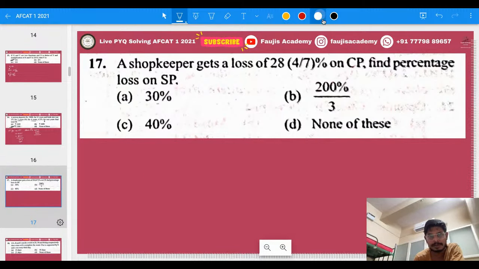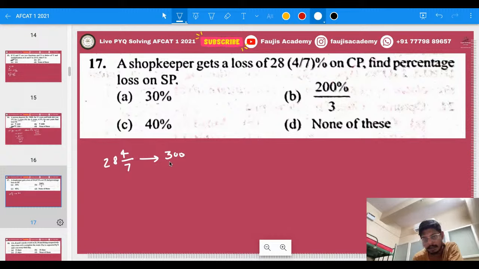Okay, a shopkeeper gets a loss of 28 and 4 by 7% on CP. 28 and 4 by 7% means what? That means how much? Had there been 30, 30 into 7, 210, 210 minus 14, 296 plus 4, 300 by 7.